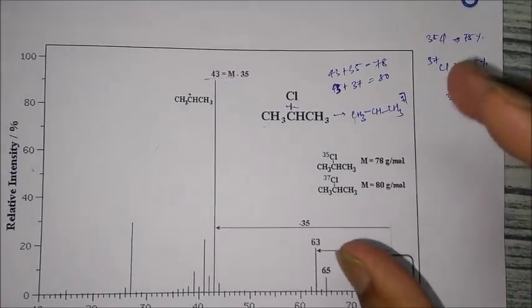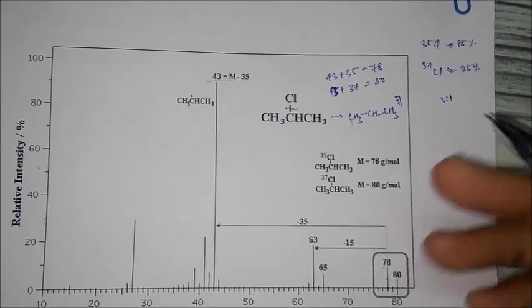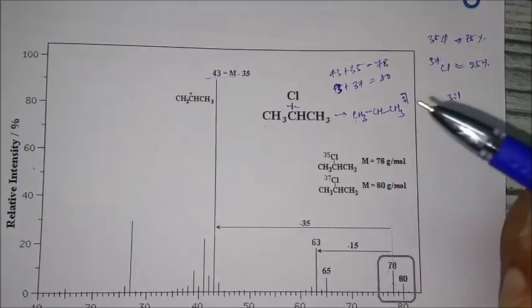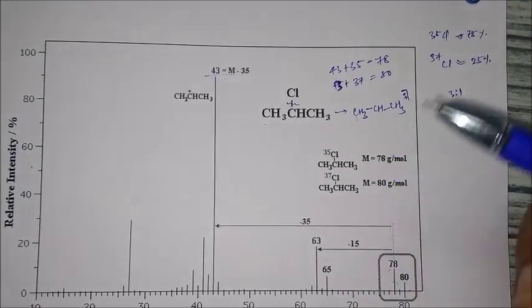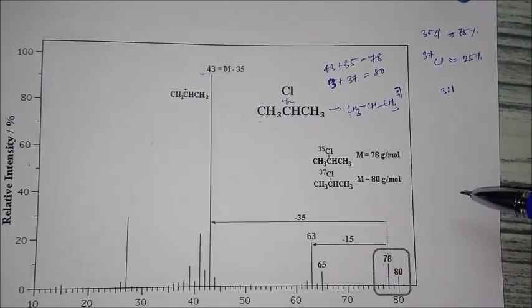Before going to that, I will tell you one or two more things which will help you if you are in your masters and solving questions in which mass spectrometry data is given and you have to deduce the structure. There are certain things to keep in mind.